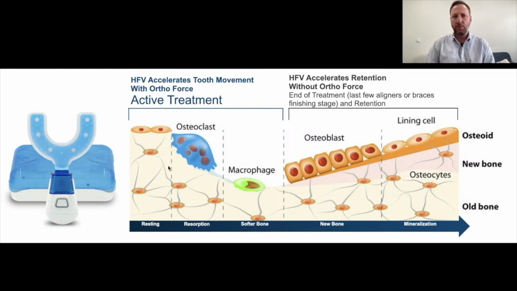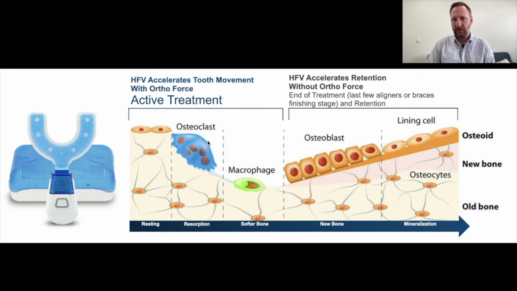So we are going to work in the active part of the treatment, where the appliances are promoting this force on the crowns, and we are stimulating an inflammatory response. So with the active treatment, we are going to stimulate this process with osteoclasts and bone resorption and formation to be increased.